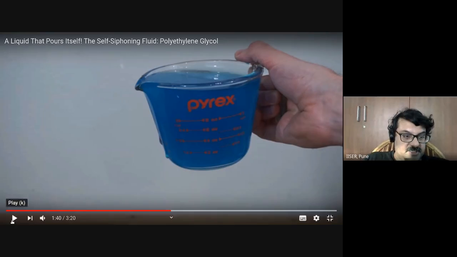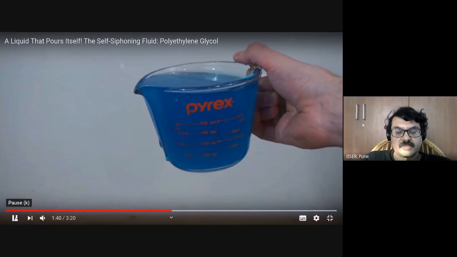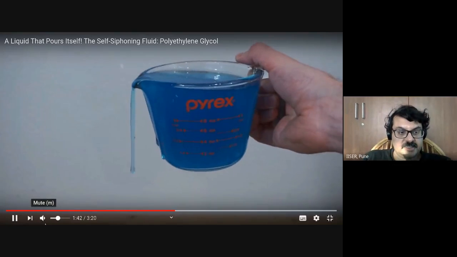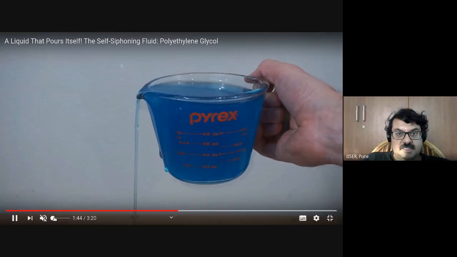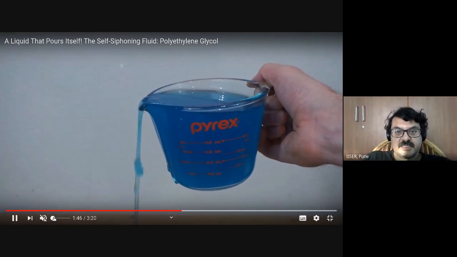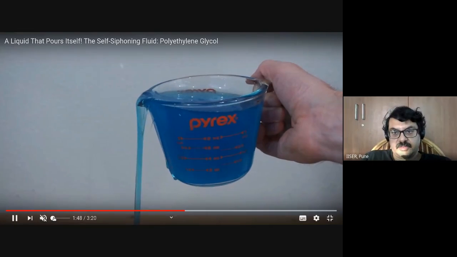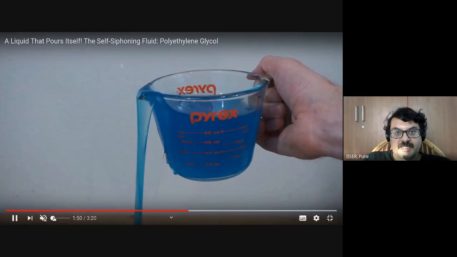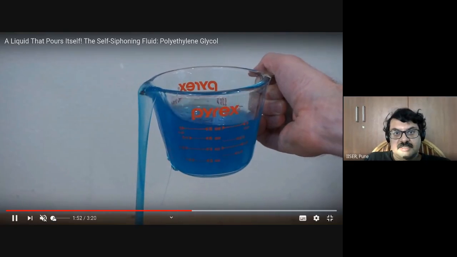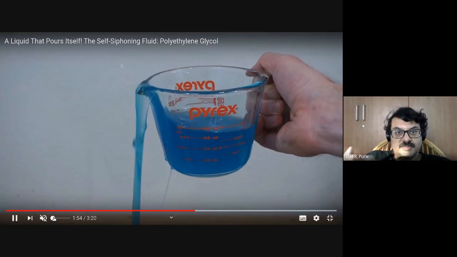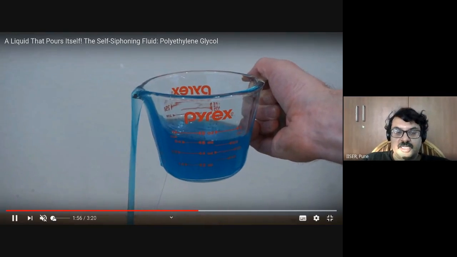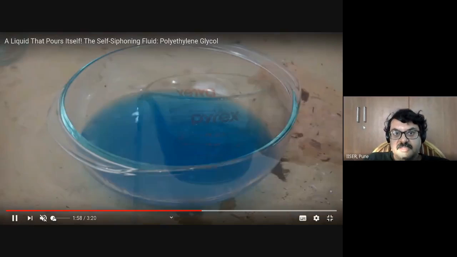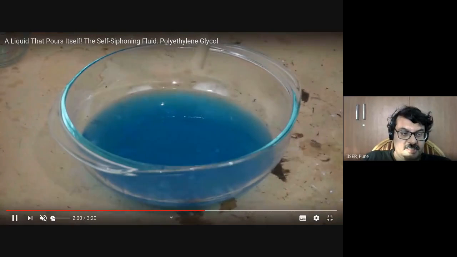So what is done here, if you see, is that you have just tilted the picture a bit, and after that the polymer solution keeps flowing and pulling the rest of the polymer which is in the melt.